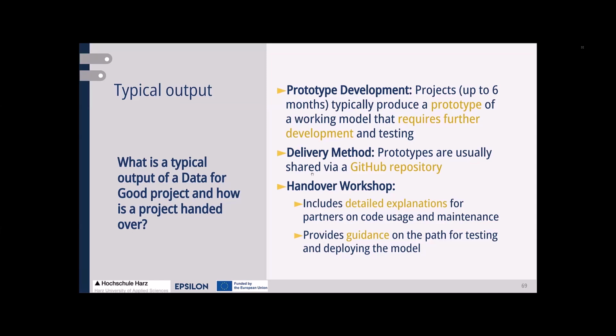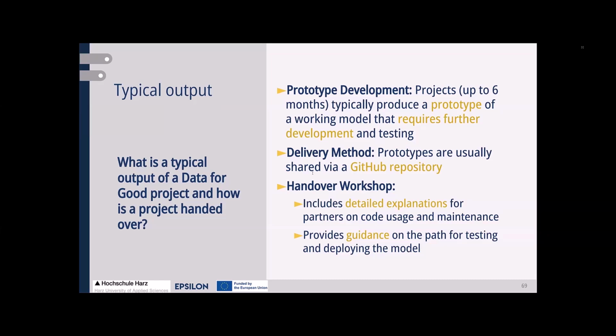Also, if you think about the handover of a deliverable, especially a technical prototype, the handover should be combined with a workshop and with a detailed explanation of the details that altogether build the prototype.